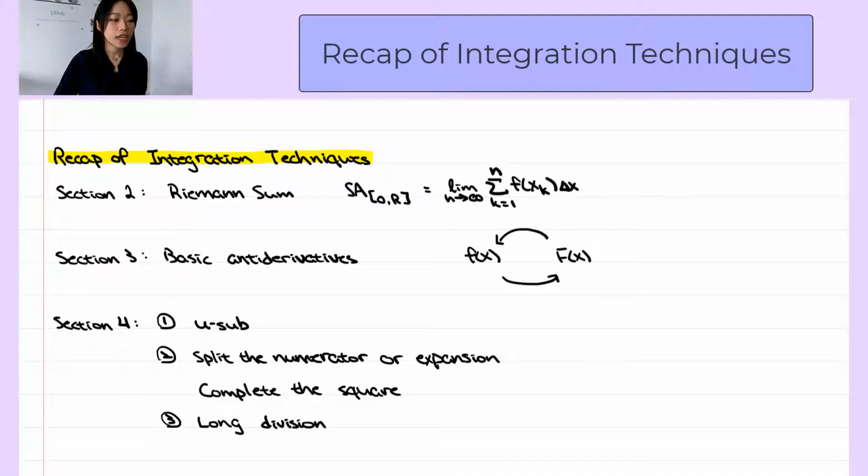Then in the third section, we learned a new notation, which is the integral. And from there, we start to denote the signed area as the integral of the function f of x dx.